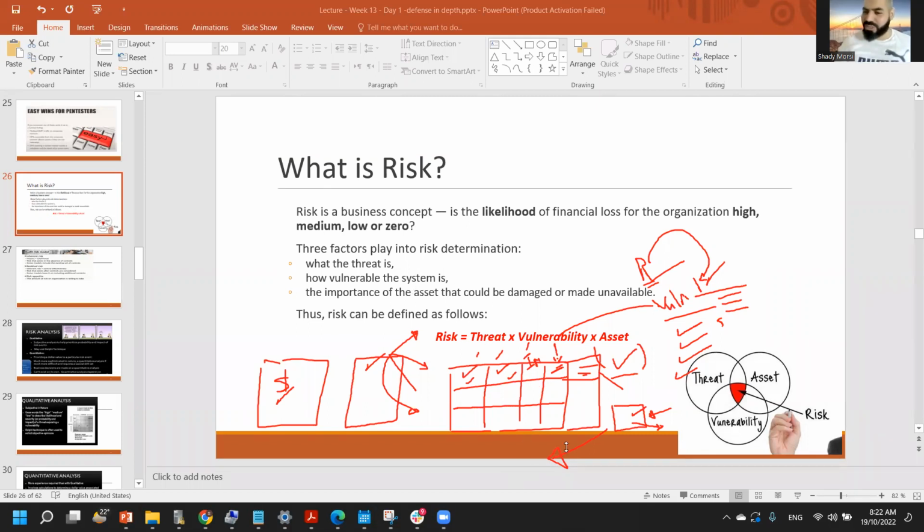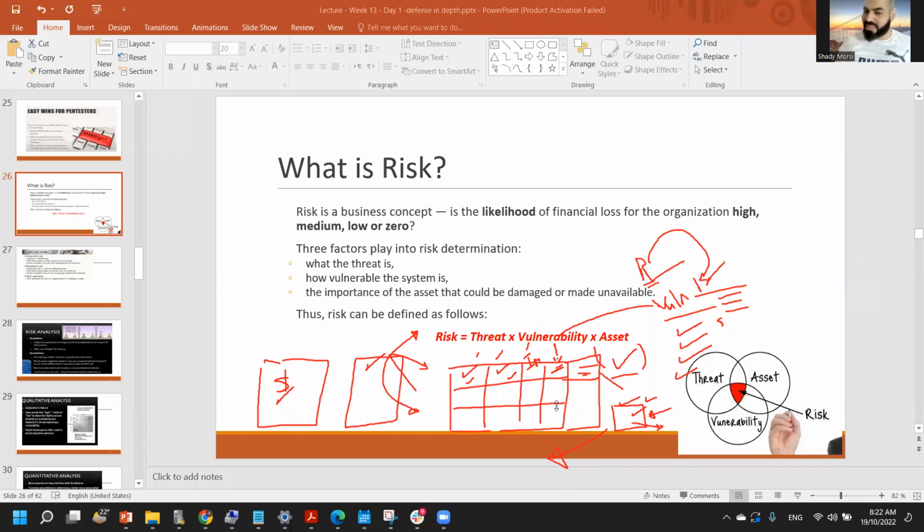Okay, the question is, we're going to do qualitative analysis right now. I'm going to give you a scenario, and you tell me if the risk is high, medium, or low. I have an important laptop which includes customer data. If we lose this laptop, the impact is great.